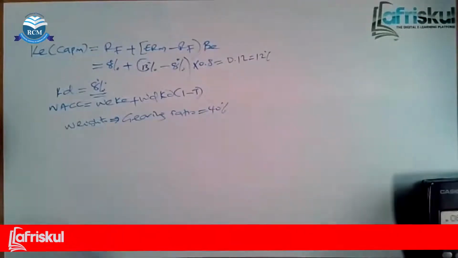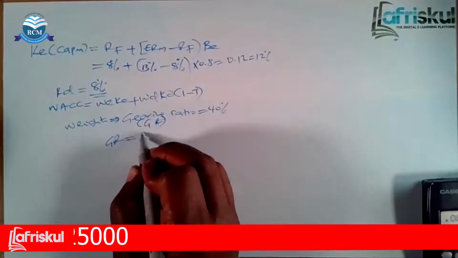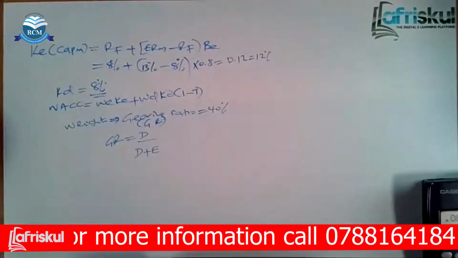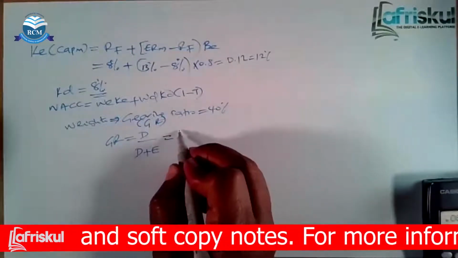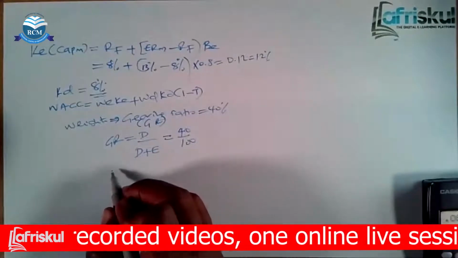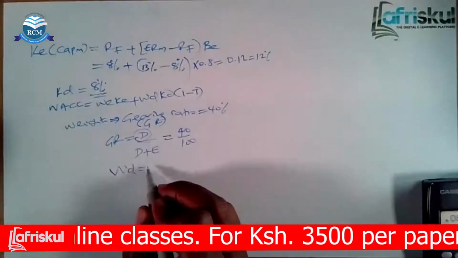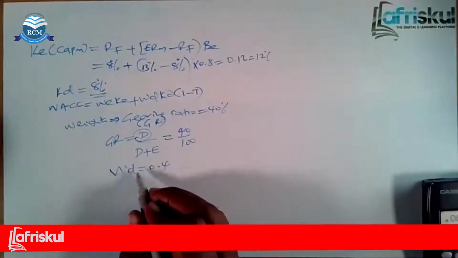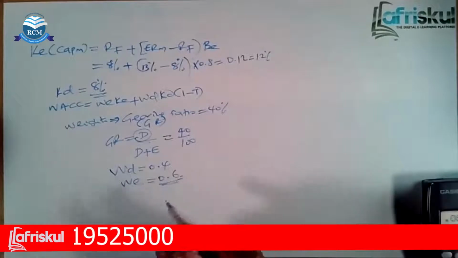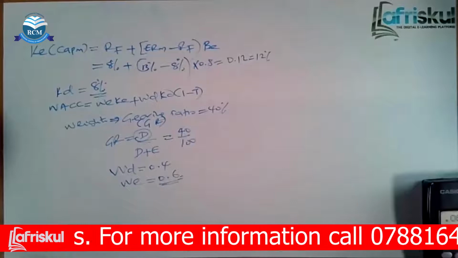If you can recall, gearing ratio is debt over debt plus equity. So if the gearing ratio is 40 over 100, the weight of debt is 0.4, and the weight of equity will be 0.6.